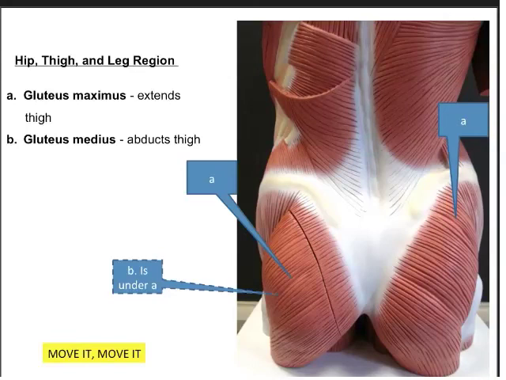Okay, and then there's another muscle that's underneath the medius, which is called the gluteus minimus, and it's the smallest muscle in the group, and it basically assists the gluteus medius with its desired action. Okay, so there you go with the gluteal muscles.